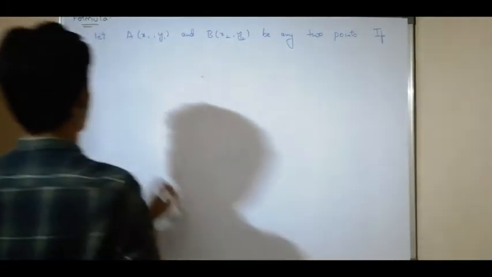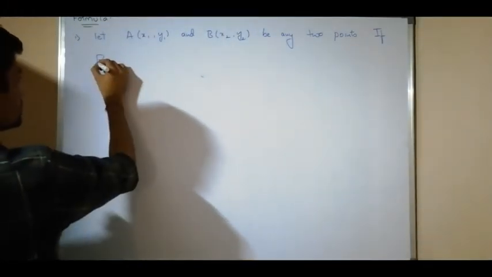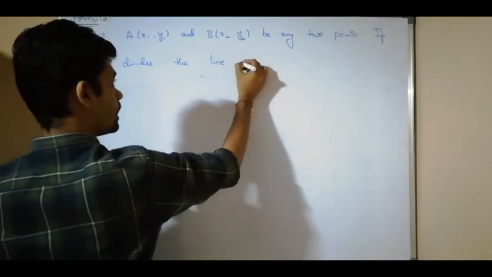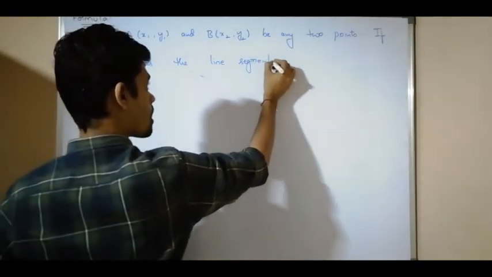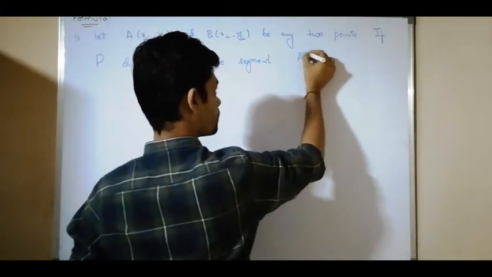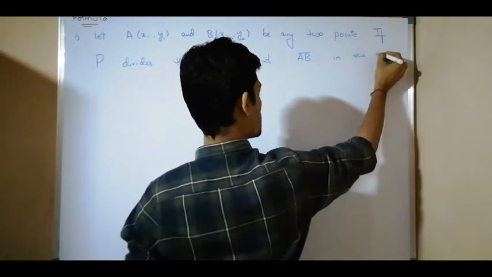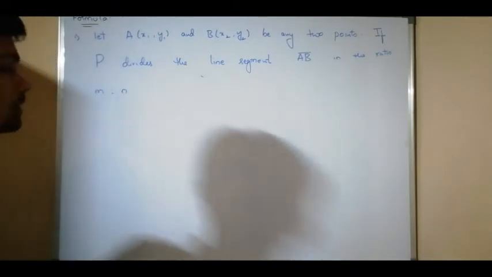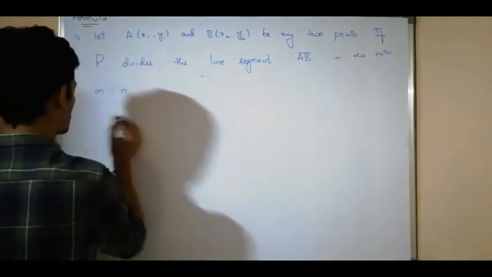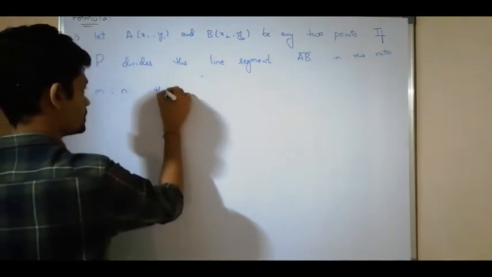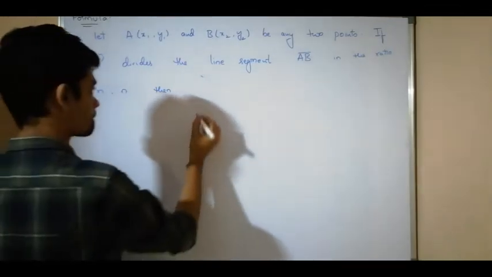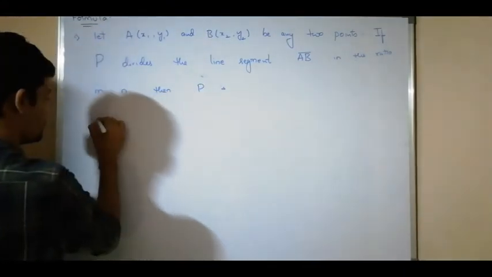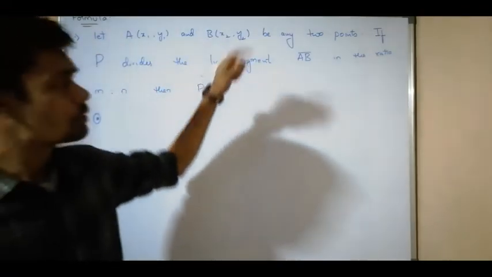If P divides the line segment AB in the ratio m is to n, then P is the first one. A and B are any two points.